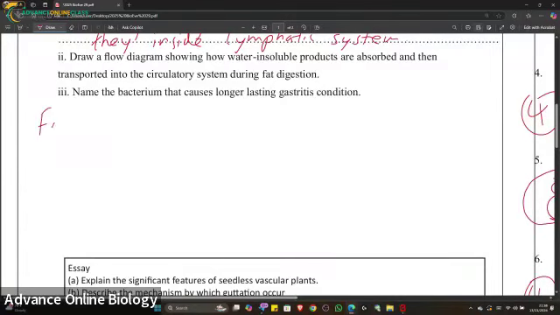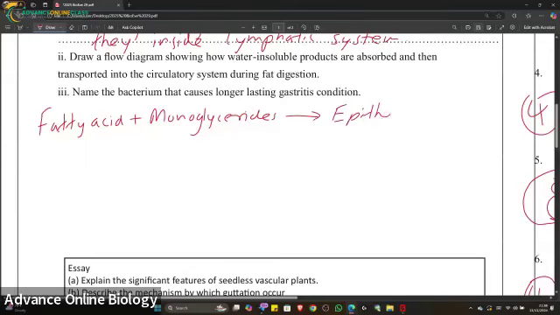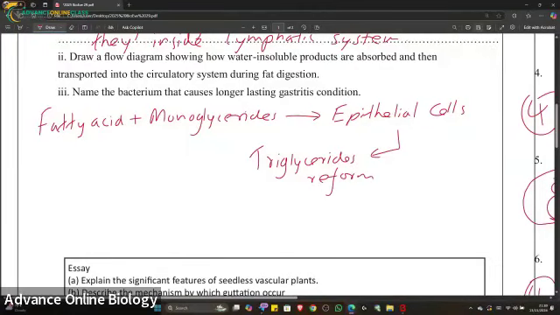You'll see that fatty acid plus monoglyceride go into epithelial cells. And then what happened now? Triglycerides are going to reform.